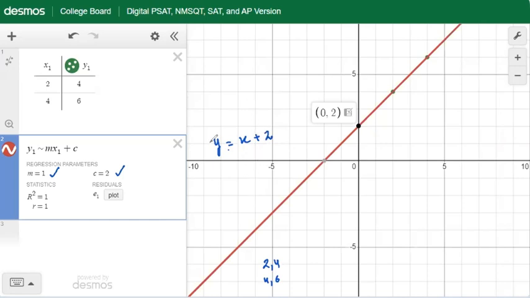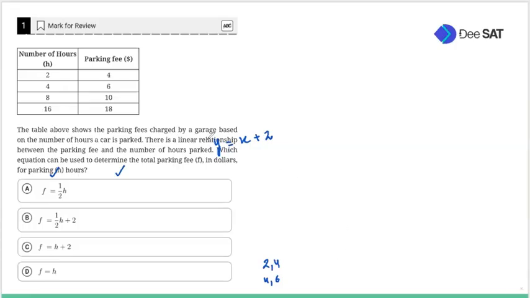Now, in terms of the equation represented in the question, x represents the number of hours, that is H, and the parking fee is represented as y. So I can say that F equals H plus 2. That is option C, which will be the correct answer.